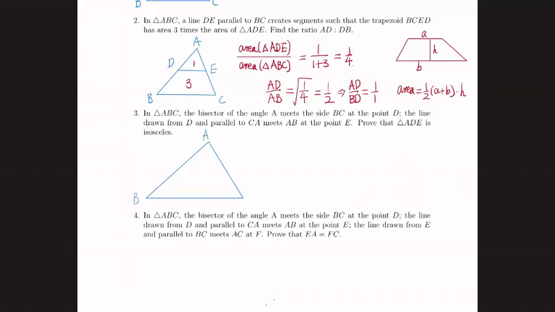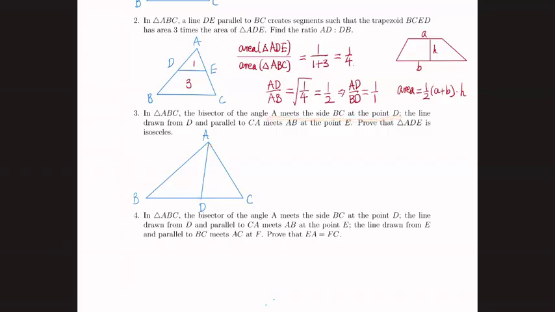A, B, C. The bisector of angle A meets BC at the point D. Okay, the first step, we draw the angle bisector.